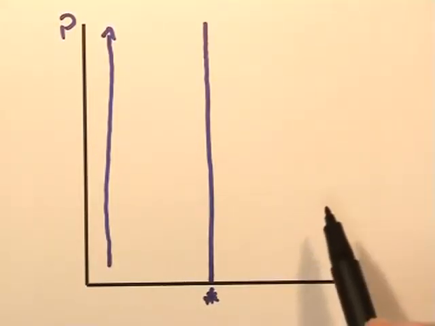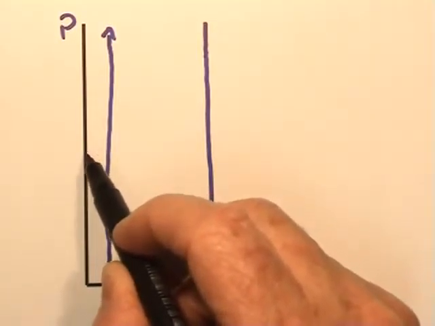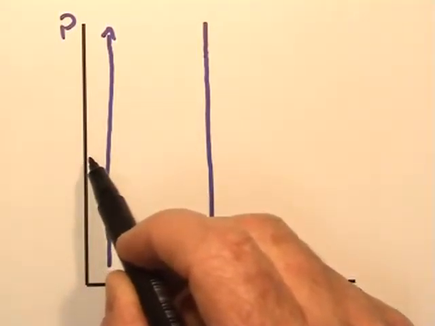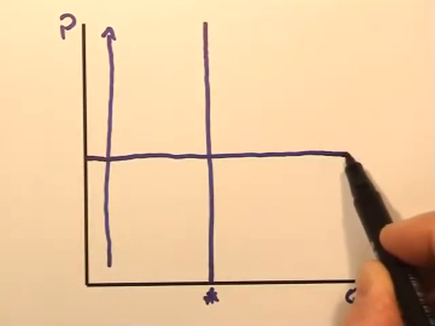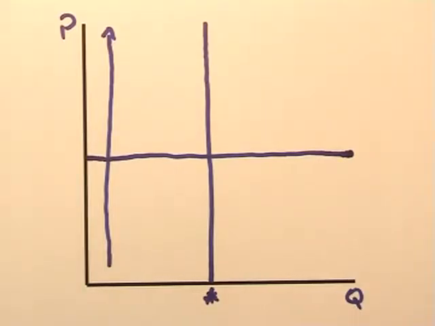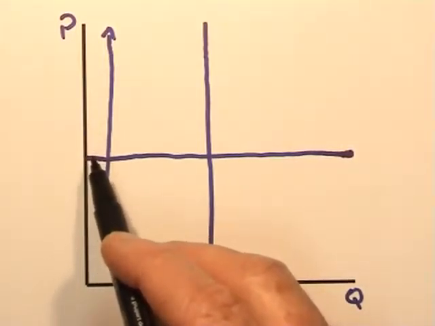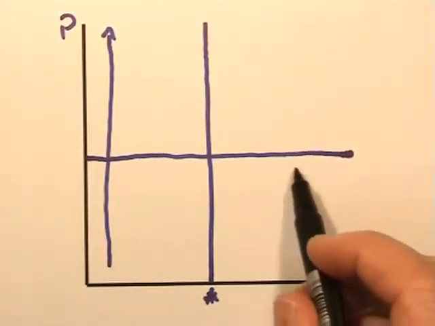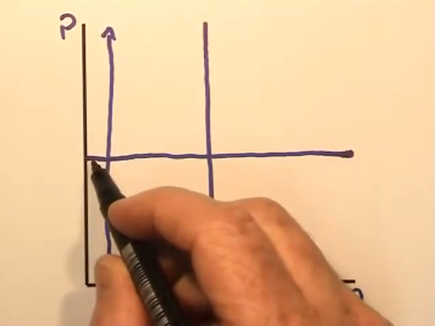On the other hand, on the same graph, if we actually draw the infinitesimal measurement, so that was where we said it was perfectly elastic, you can see that the curve is a flat line. So in this case, if you move the price, then the quantity is in fact going to move anywhere along here.